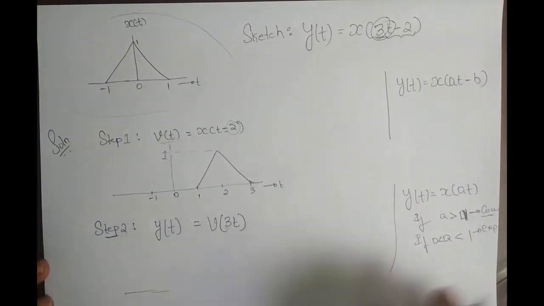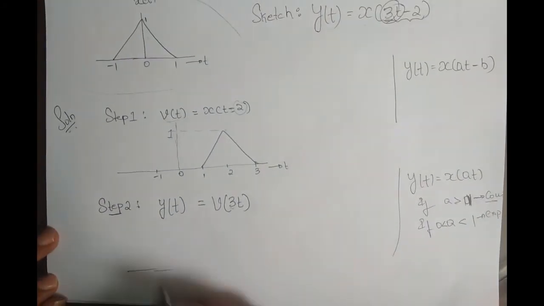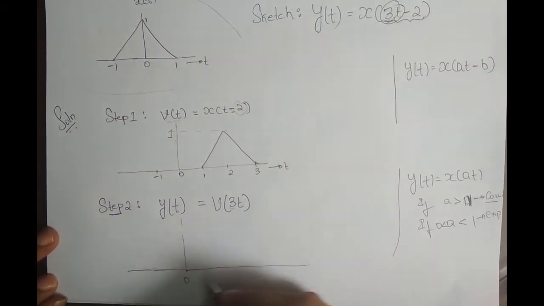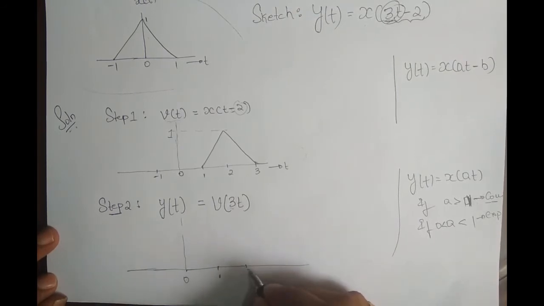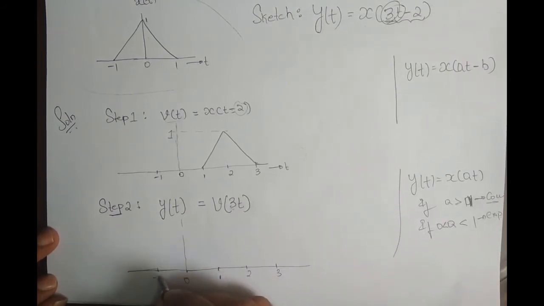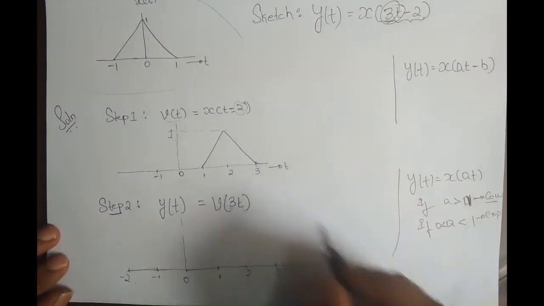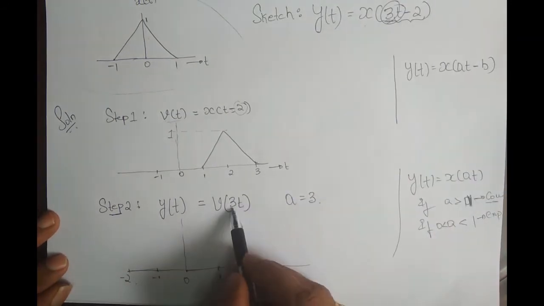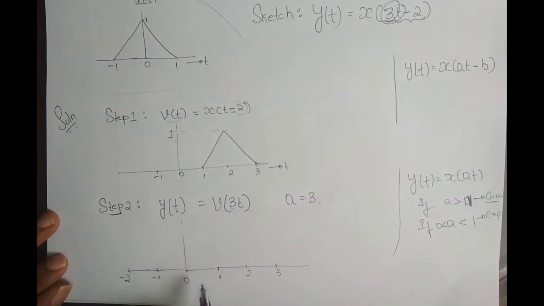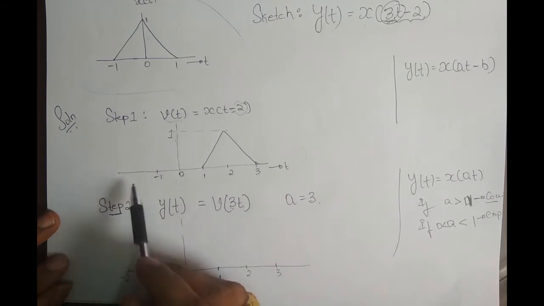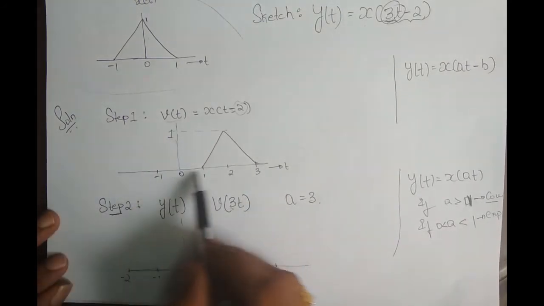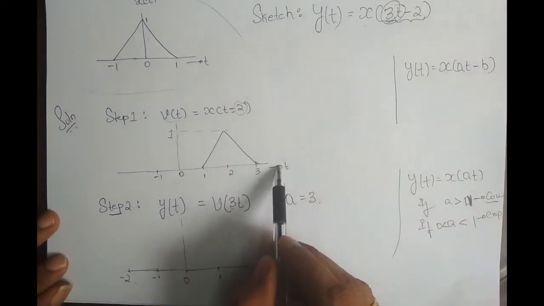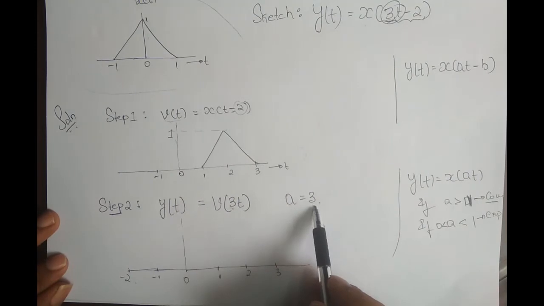So let me plot this. I have 0 here, I have 1 here, 2, 3 and so on, minus 1, minus 2. The value of a is 3. Now in the signal v of t, for t varying from minus infinity to infinity, I have to multiply by the inverse of a.